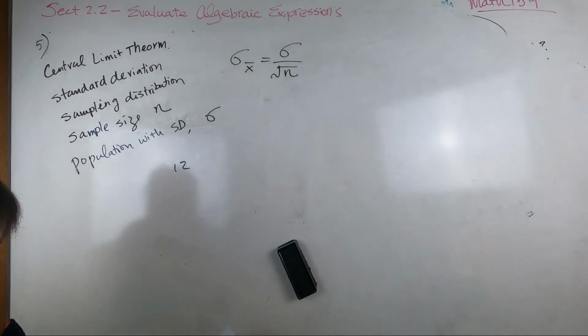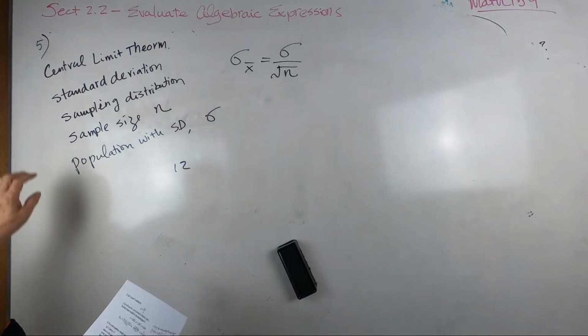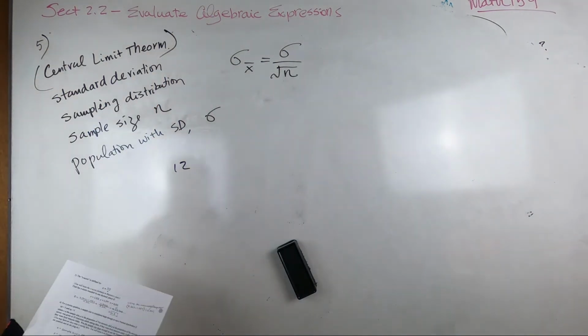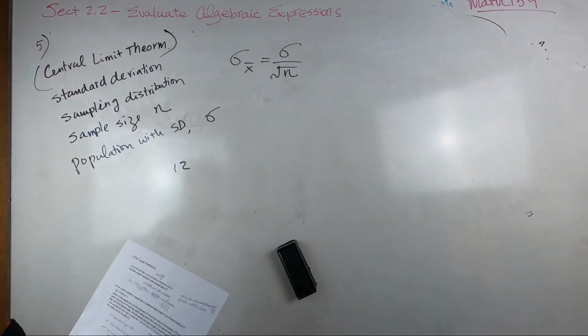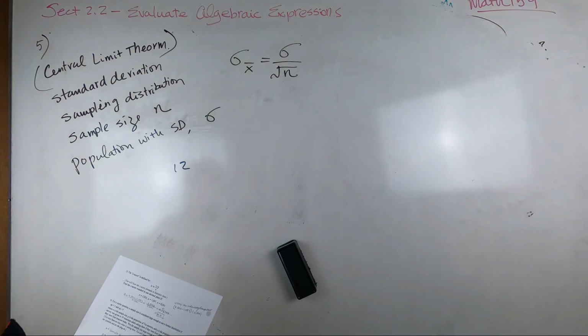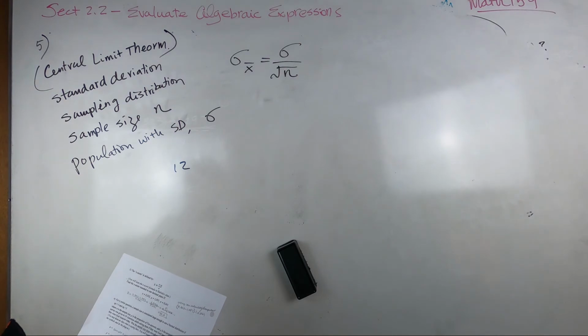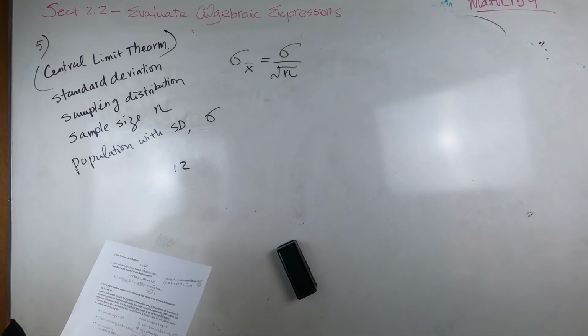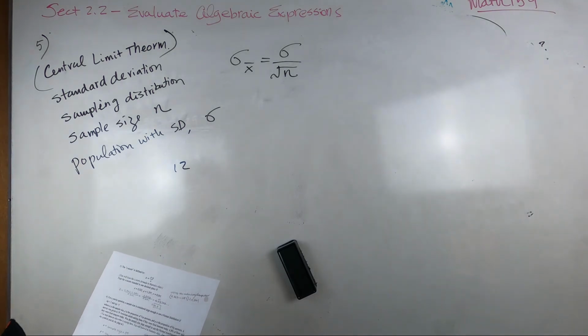Okay, let's do it again. We have no idea what the central limit theorem is, but in the question we are not using that, right? It says the standard deviation of the sampling distribution when samples of size n are taken from a population with standard deviation sigma.